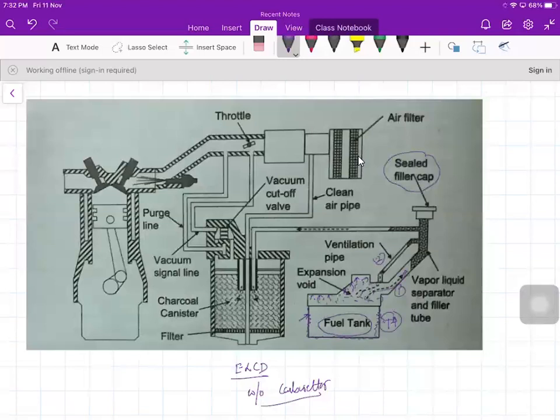Now this expanded air will always mix with your gasoline vapors, so it is air plus gasoline vapors.